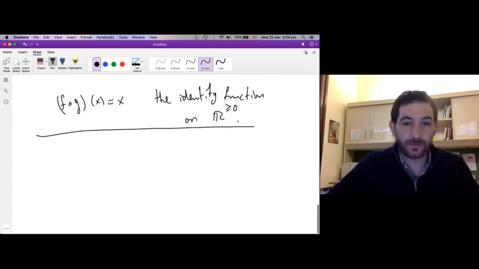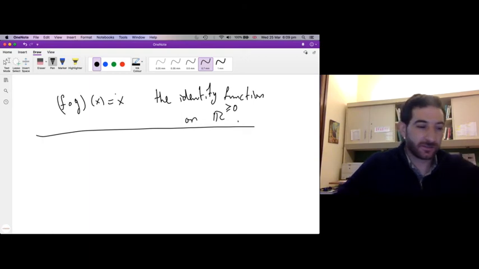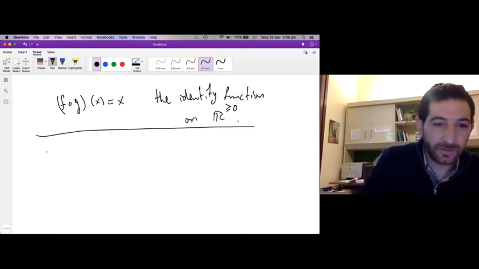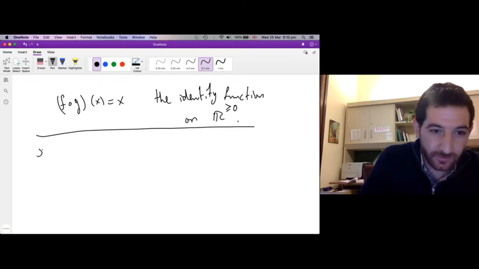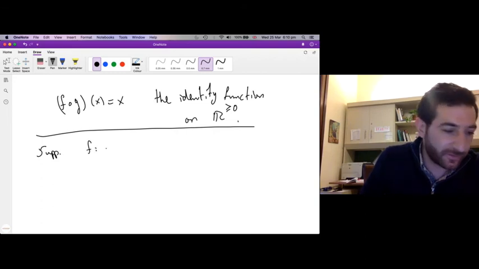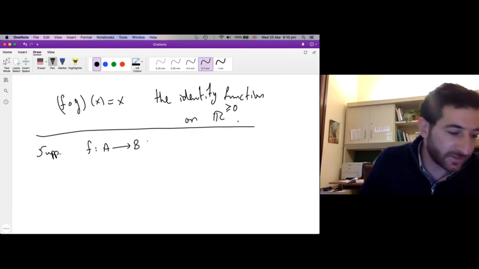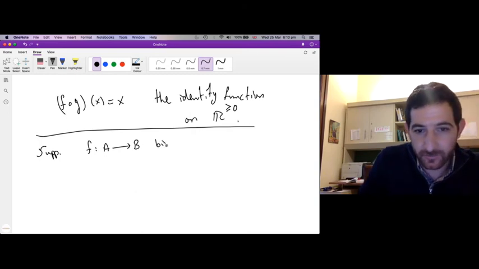So this observation is true in general, by the way. Let me explain what I mean. Suppose f is a function from A to B, and this function is a bijection.